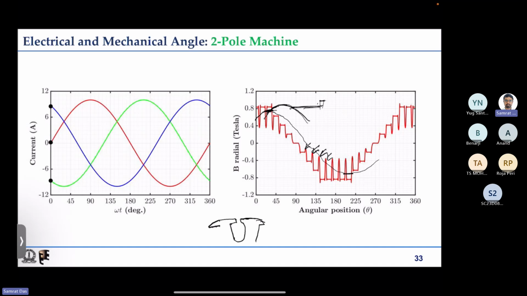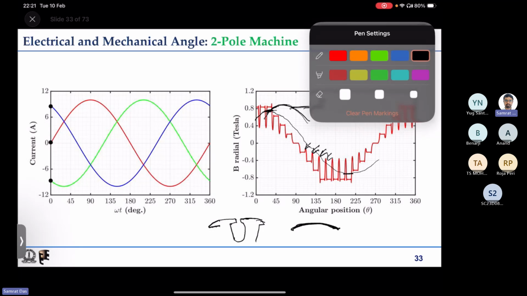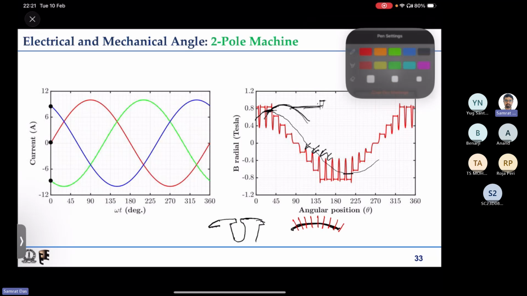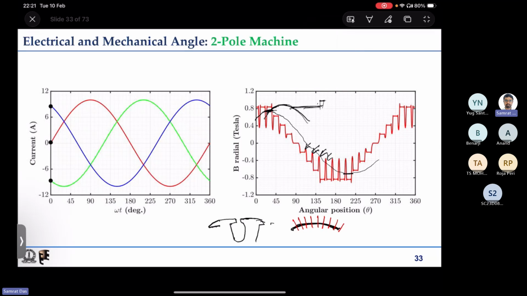Ideally, if we have a cylinder like this, a cylindrical surface with no slotting, then the flux distribution will be uniform, right? Now let me draw a few more things.